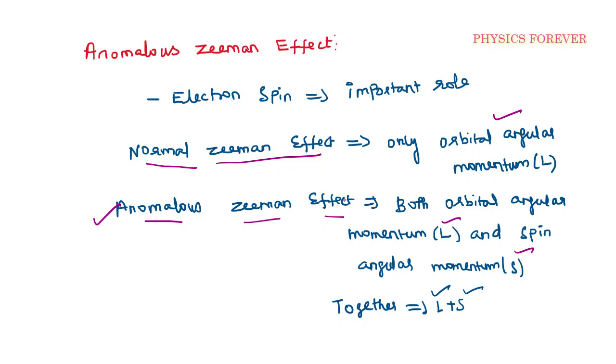So in the anomalous Zeeman effect, because of spin, it is more complicated compared to the normal Zeeman effect. The weak magnetic field case in the anomalous Zeeman effect we will look at next; the Paschen-Back effect, how that works, we will discuss in the next classes.